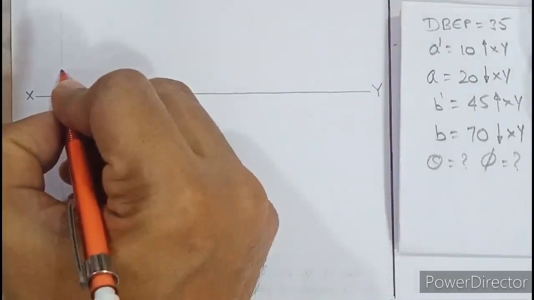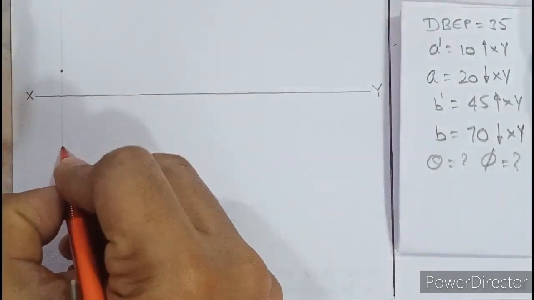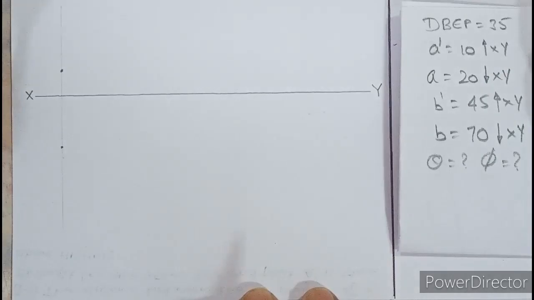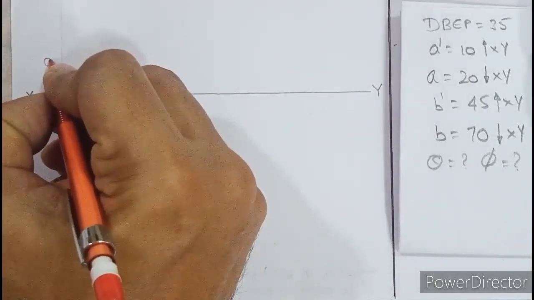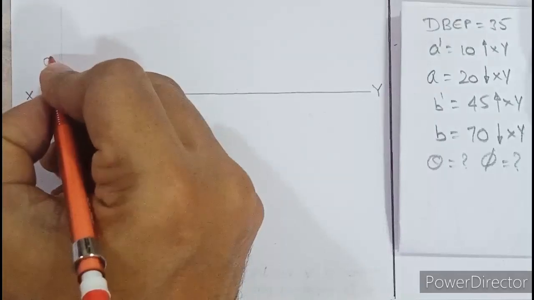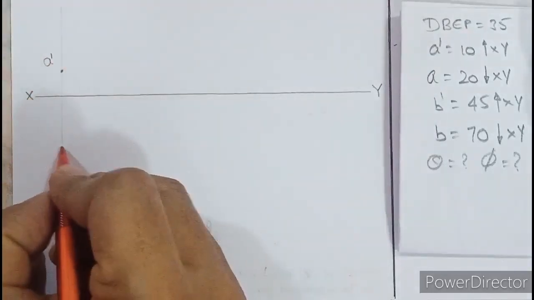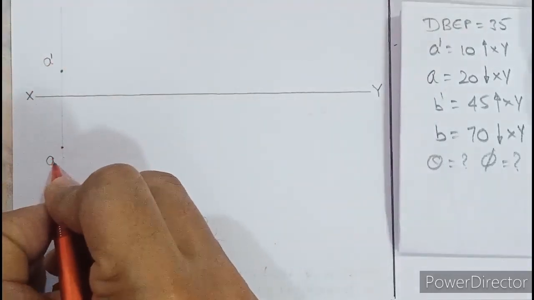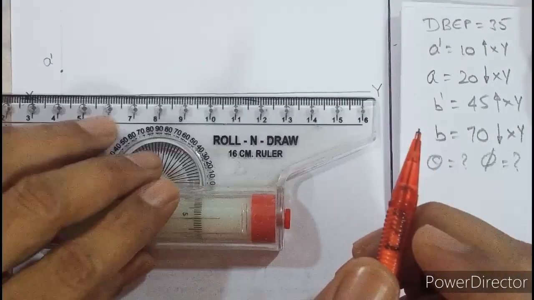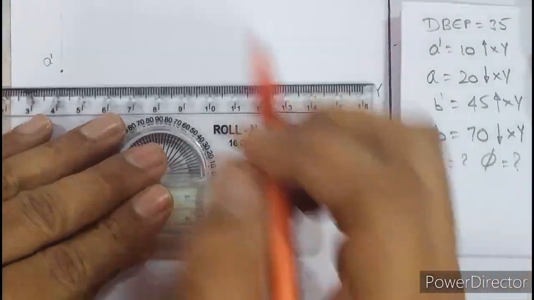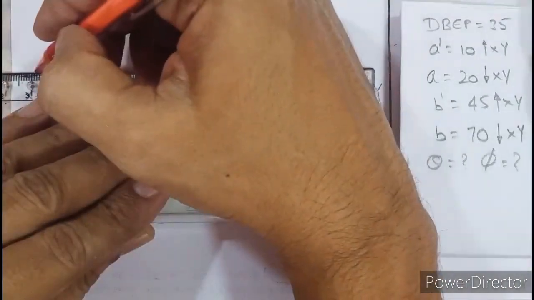So we need to mark two points. Don't be in a hurry; we need to understand each and everything before we proceed. After marking the two points, on the left side and above, neatly write A dash. On the left side and below, write A. Once you have written A dash and A, you should show the dimensions, because dimensions carry marks.